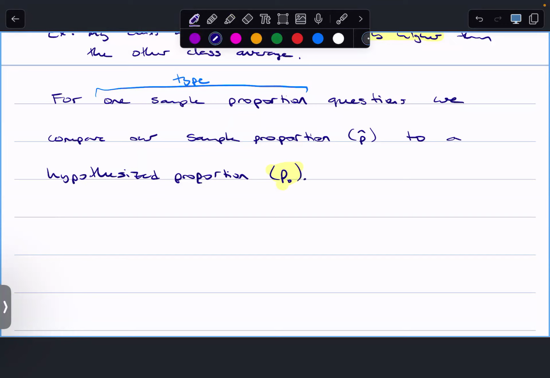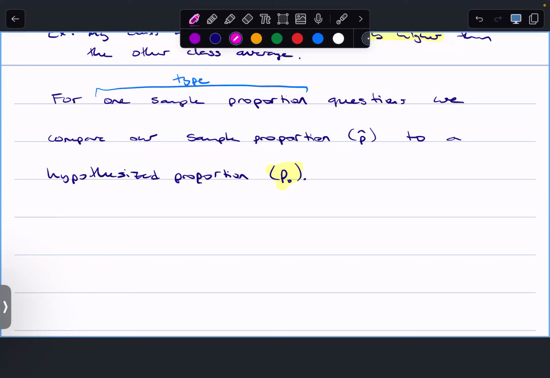So some new notation. It's still a proportion. Proportions still have to be between 0 and 1. All the same rules apply. But now I have this number that I want to compare my sample proportion to.